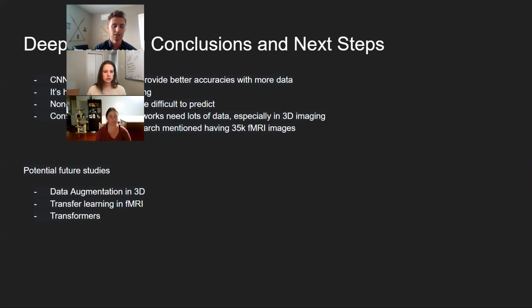There's a lot of research out there, and deep learning is newer in fMRI. A lot of these other studies had tens of thousands of images that they were training the model on. But there's a lot of potential, I think, with convolutional neural networks and deep learning in fMRI space, and they could be used alongside other techniques like data augmentation, transfer learning, or transformers.